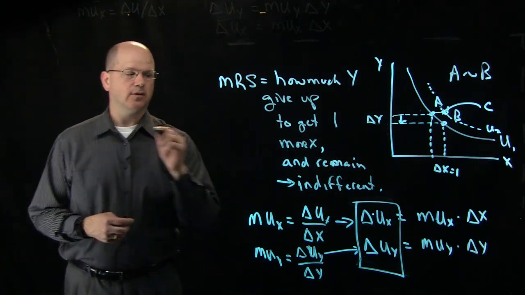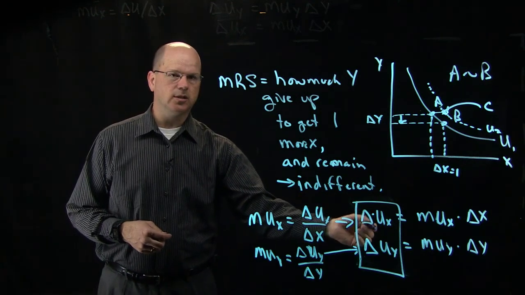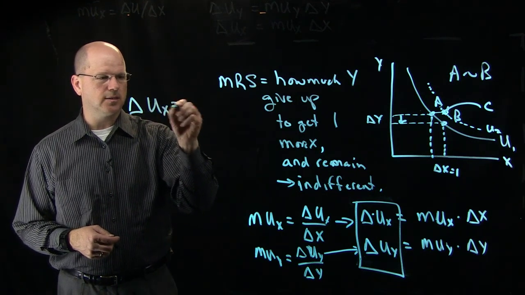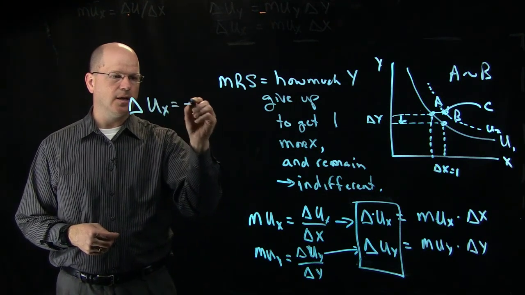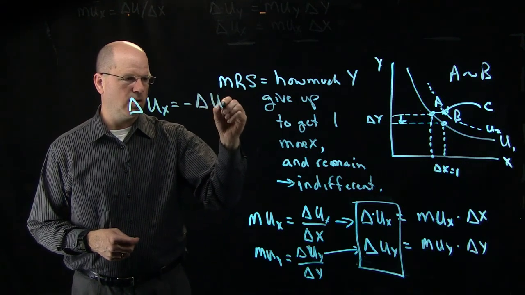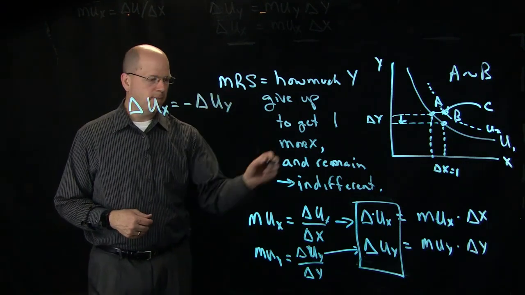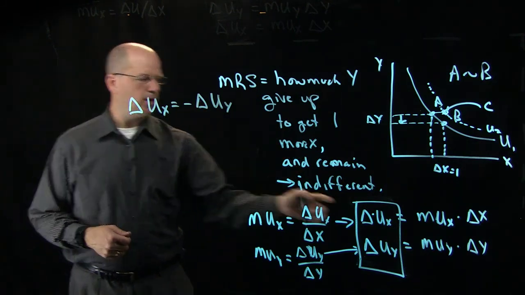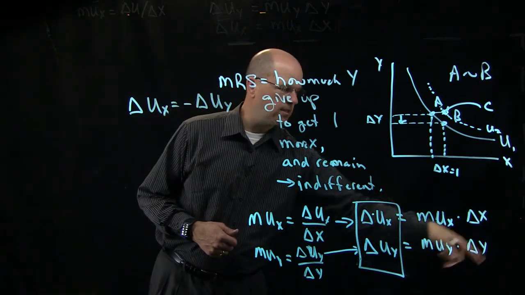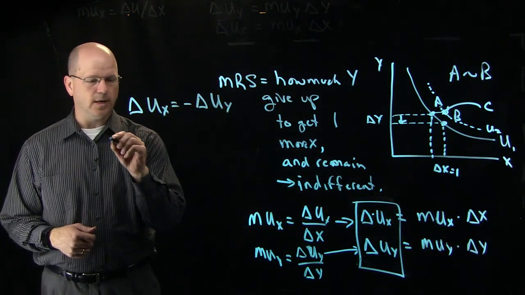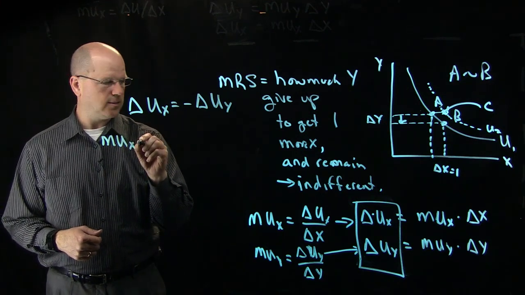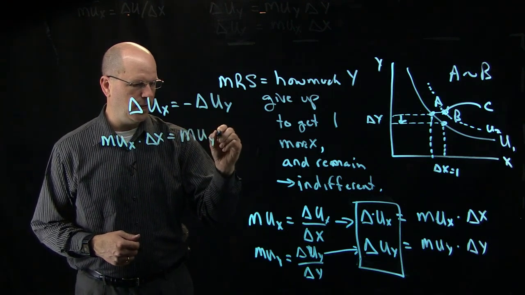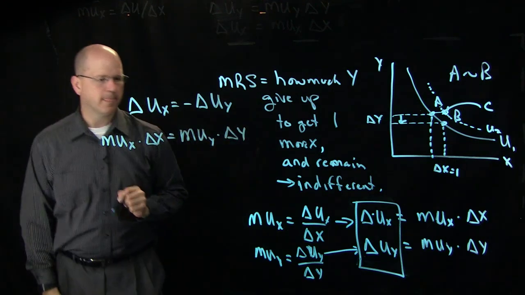Because we're on the same indifference curve, right? So this change in utility has to be equal to this change in utility. So the increase in utility here is equal to the decrease in utility on good Y, because we're consuming less Y, okay? Well, if these two are equal, then it must be the case that these two sides of the equations are also equal. So MUX times change in X is equal to MUY times change in Y.